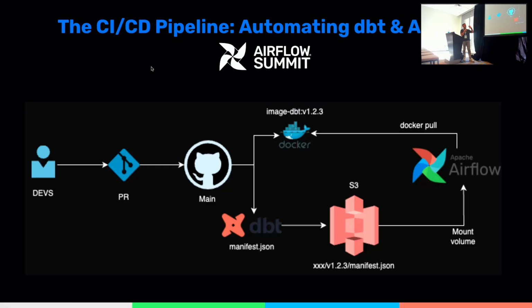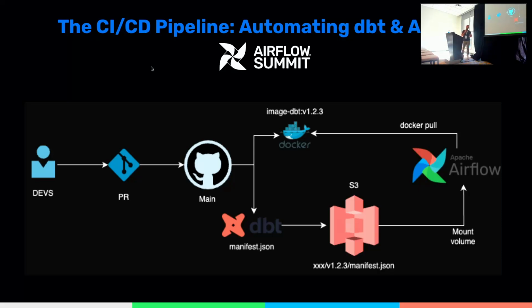So basically when a developer merges to the main branch, we are creating a DBT image. And one of the most important things that we are doing with this image is that when we are creating it, we are parsing the DBT project inside this image. So every time we run a different task or DBT command, we don't have to parse the project again.